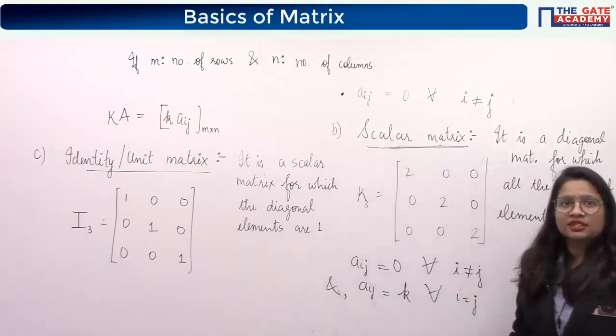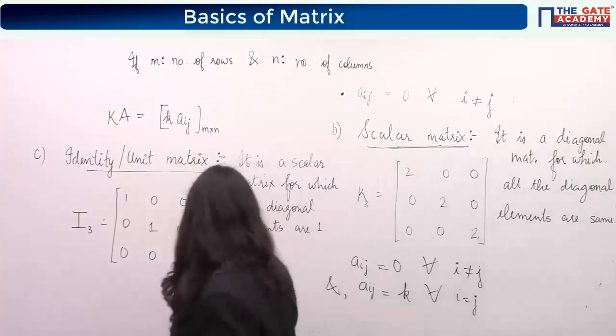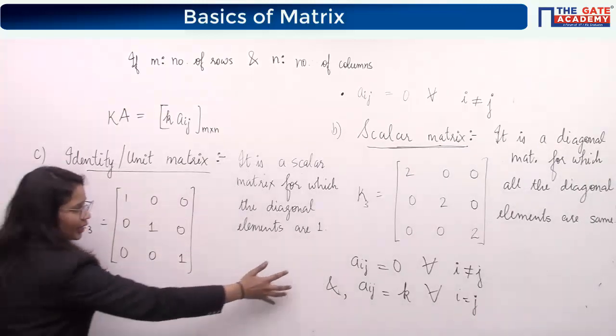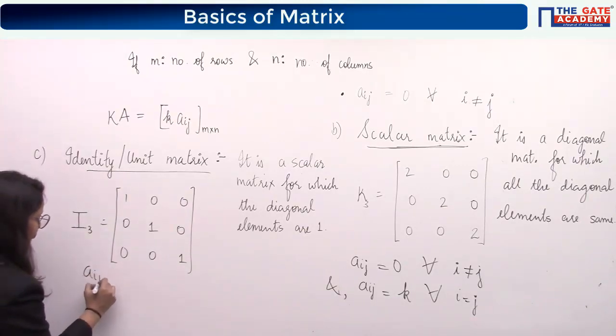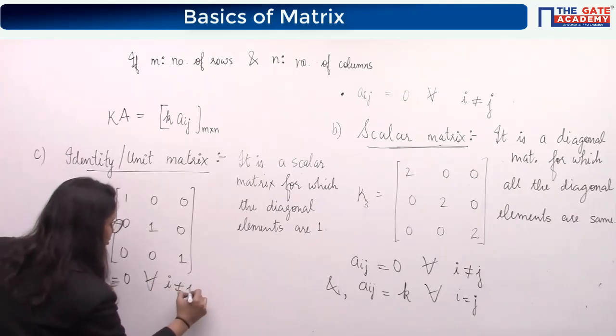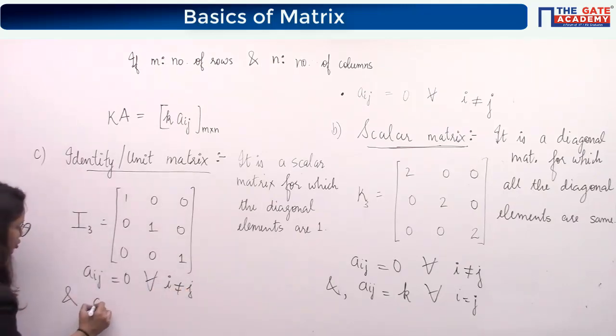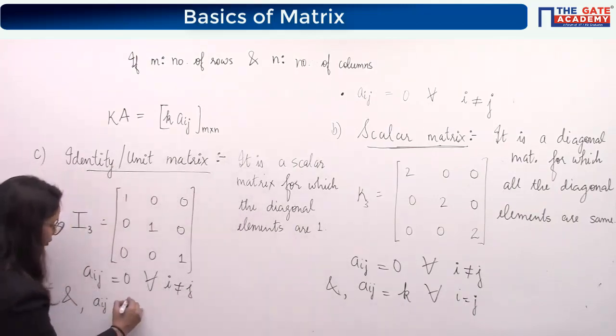Now give me the definition for the identity matrix. Has someone written it down? So let's see. First of all, Aij will be 0 for all i not equal to j, and simultaneously you should have Aij equal to 1 on the diagonal, but instead of K here you will have 1. That will be the only difference.